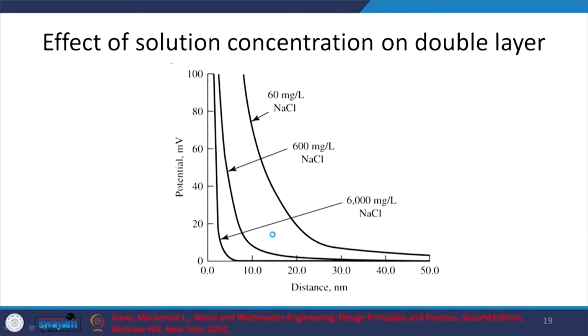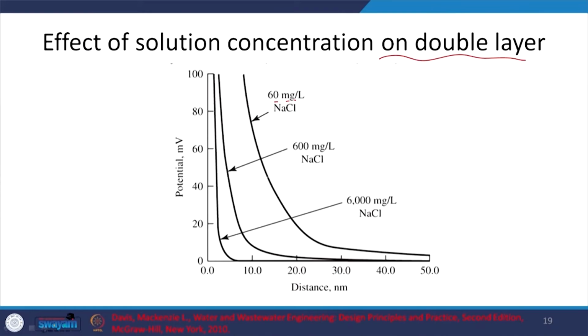Okay, so we have the effects of solution concentration on the double layer. Here is the potential. Here we are looking at the effect of the concentration of the counter ion, or the effect of the increase in ionic strength, on the double layer. Here we have 60 milligram per liter, and you see the profile of the potential with respect to distance. We are talking about the repulsion in general here.